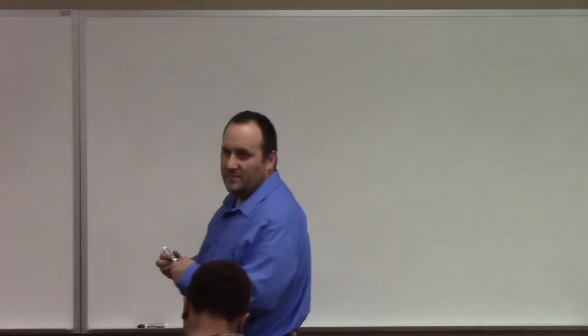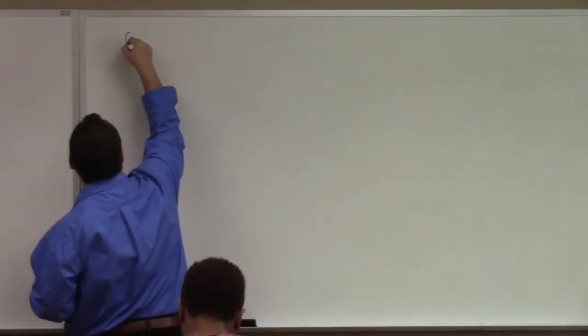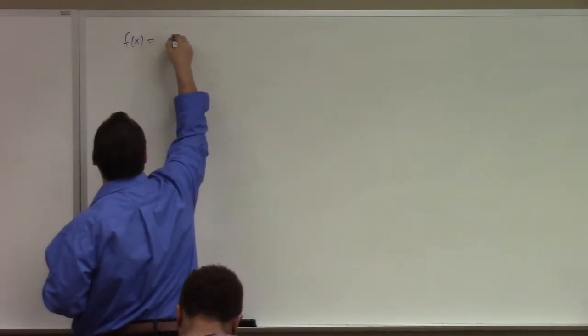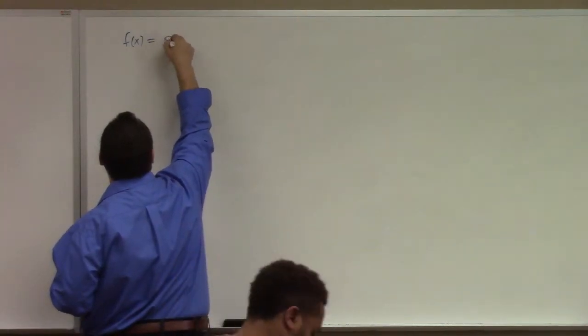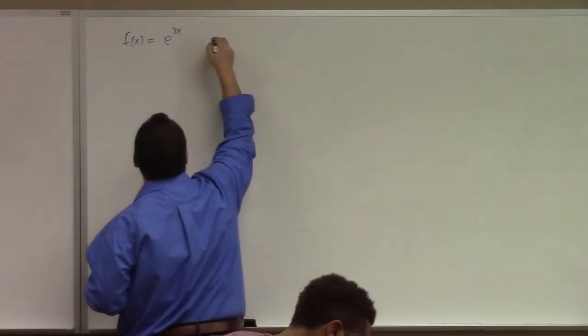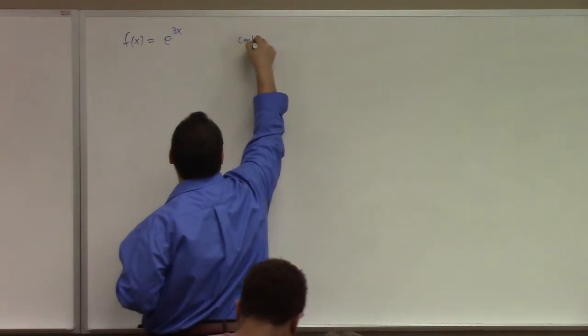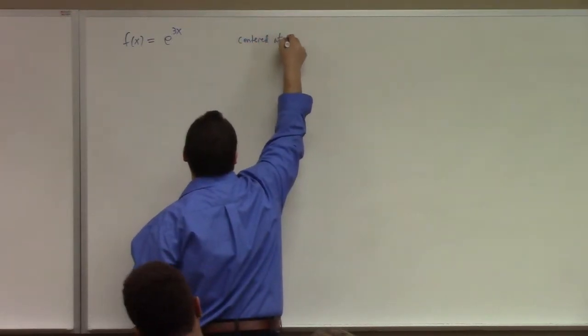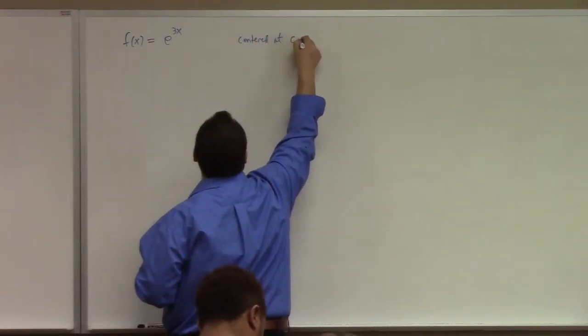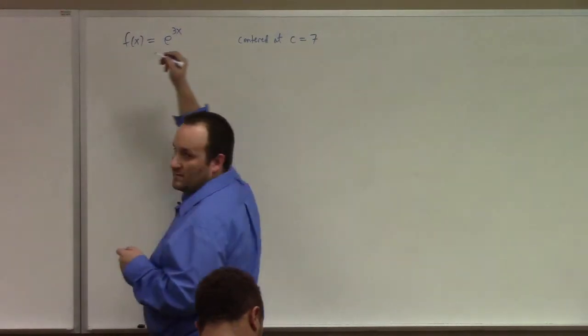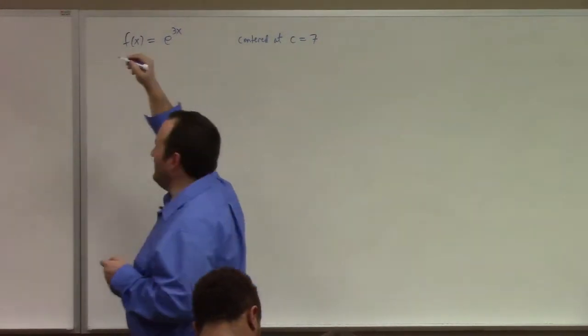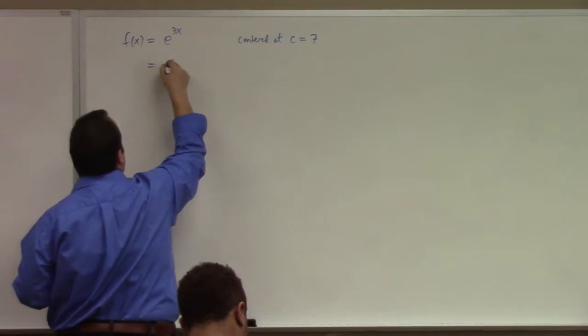There are exceptions to that. Here's one. If I wanted to find the power series for e to the 3x, centered at c equals 7, then I think I'm going to agree with what you just said.